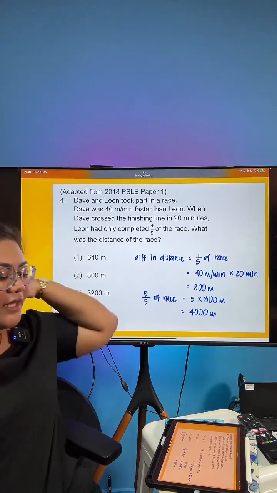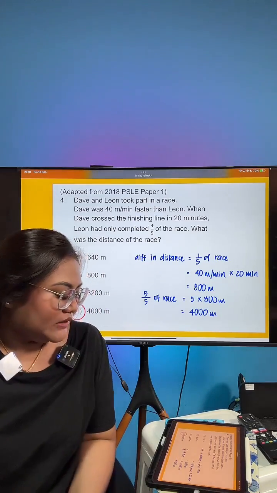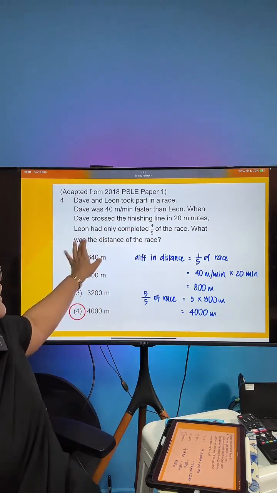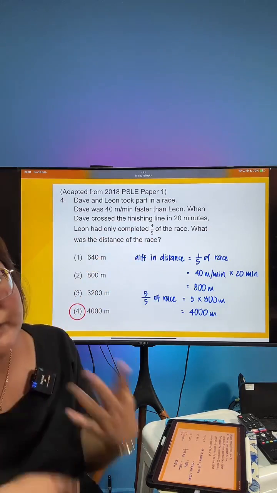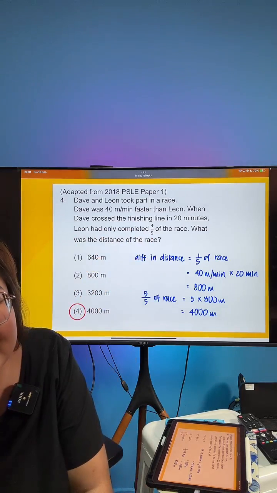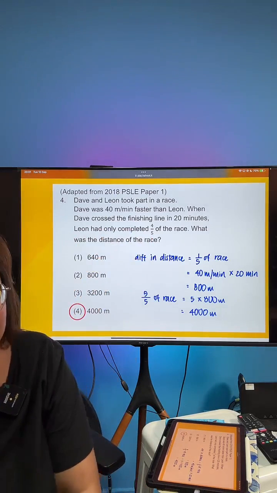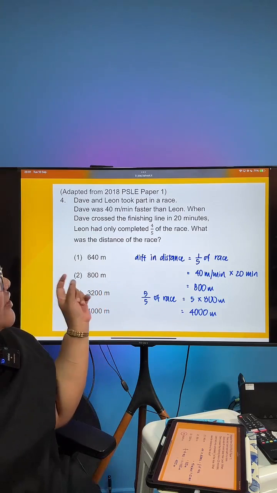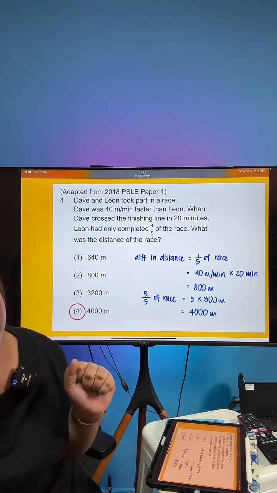Now, the reason why it's 4000 here: the difference in the distance, 4/5 was what Leon completed, but they've already completed the whole thing. So that means the difference between their distance is only 1/5 of the race.